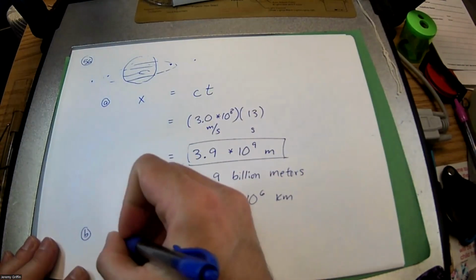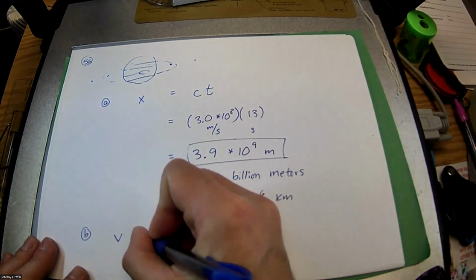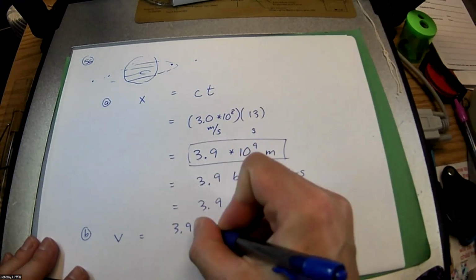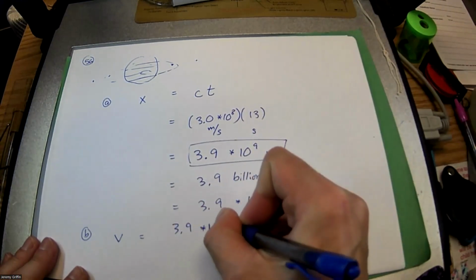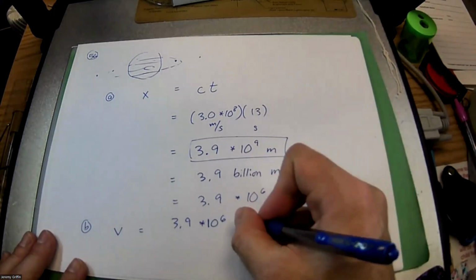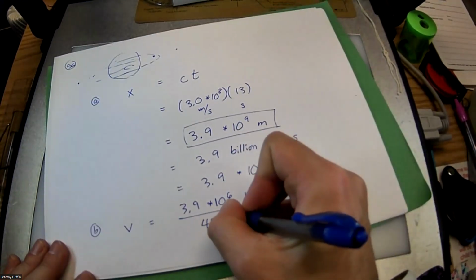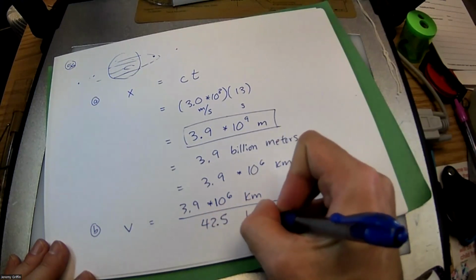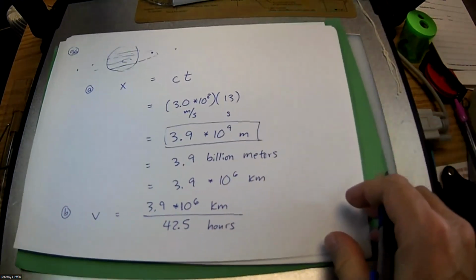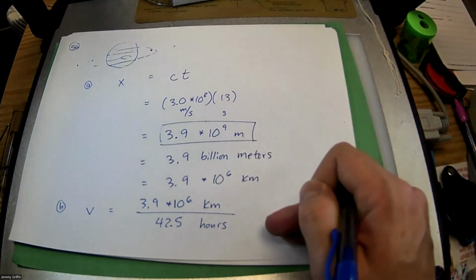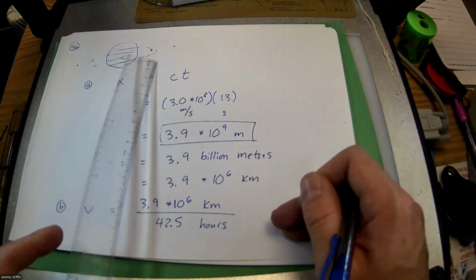So, part B. The speed of Earth then is this distance in kilometers, 3.9 million. Million is 10 to the 6, right, kilometers. And it does this all in 42.5 hours. Now, one more thing, they wanted it in kilometers per second. Guys, can you convert from kilometers per hour to kilometers per second?